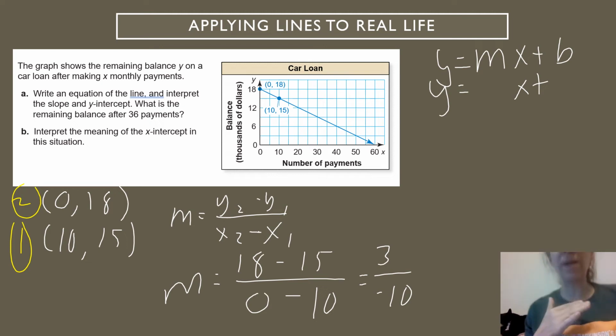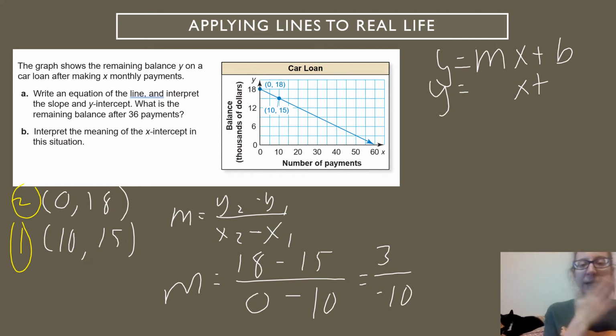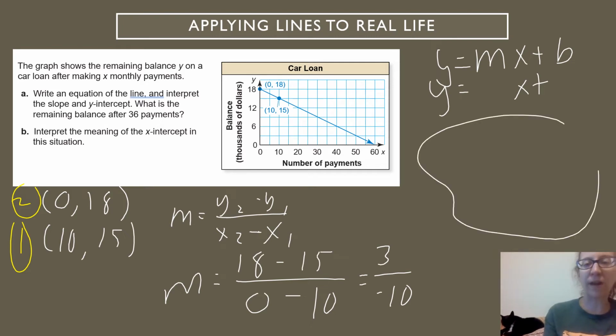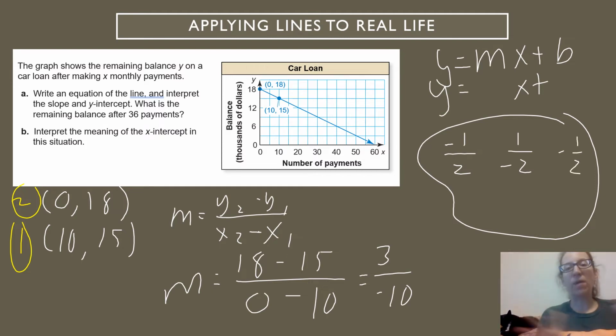Let's talk a little bit about that negative there. I need some space, so I'm going to do a little scratch work right here, and I'm going to erase it. If you had negative 1 divided by 2, 1 divided by negative 2, and negative 1 over 2, I could ask you to hop on a calculator and do all that out, but we can reason this out.